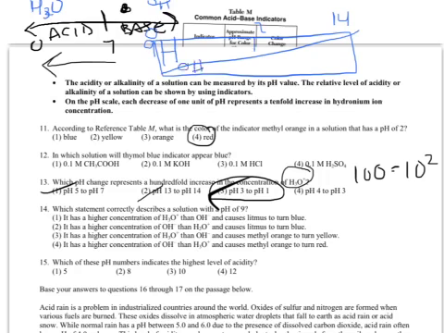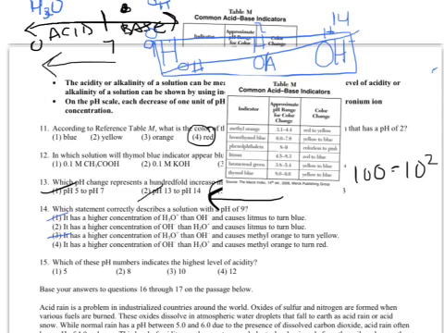At 7, the hydrogen ion concentration and the hydroxide ion concentration is roughly equal. And at 14, the hydrogen ion concentration is much smaller than the hydroxide ion concentration. So again, the size of the letters represents the concentration. So we'll see that at pH of 9, there's much more OH than there is H+.